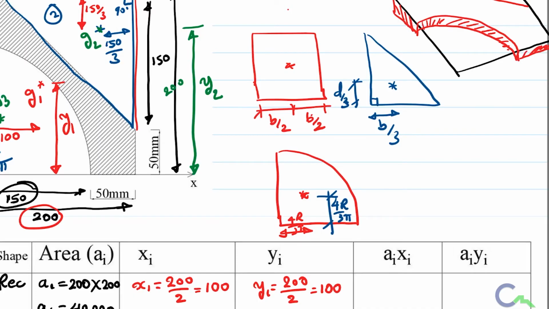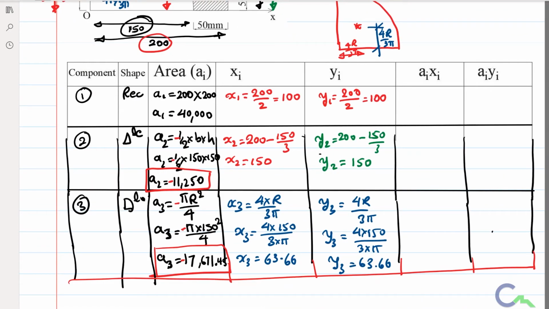Next I am going to do the calculation, that is A1 into X1, that is 40,000 into 100, we will get 40 lakh. I can write 4 into 10 to the power 6. Then A1 into Y1 also same, that is 4 into 10 to the power 6.